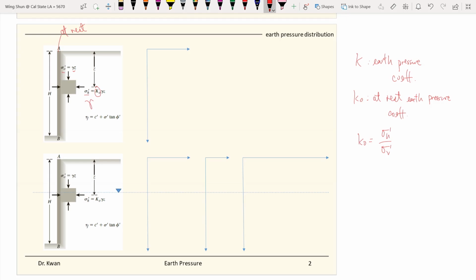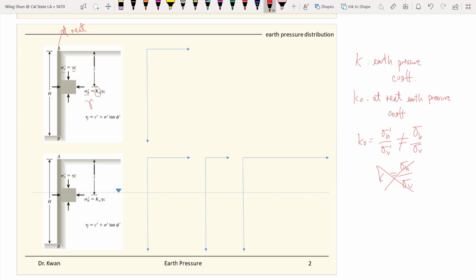Those earth pressure coefficients must be effective stress based. They are not equal to the total stress based ones, and any K values calculated or found from total stress are absolutely wrong. It must be effective stress.